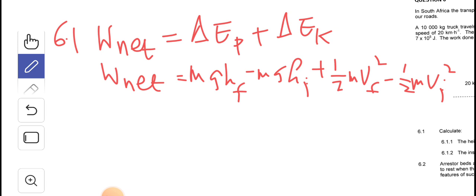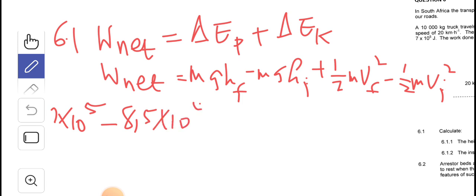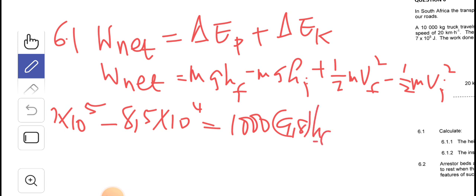Now to find the W net, we have 7 times 10 to the fifth power minus 8,5 times 10 to the fourth power, which is equal to 1,000 times 9,8 times h final plus 0.